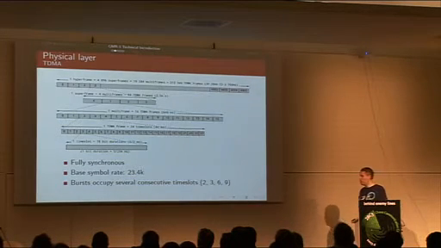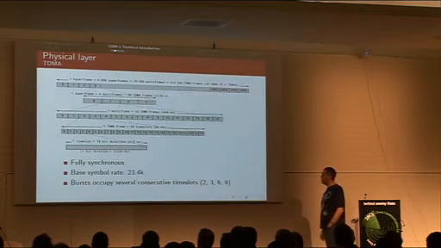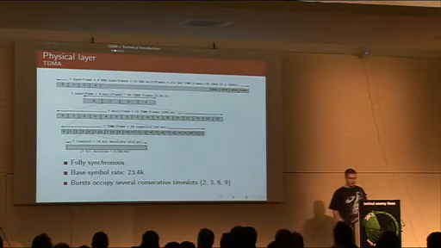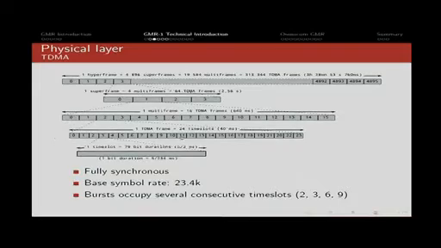A major difference compared to GSM is that one of the TDMA frames here is composed of 24 time slots, and the burst, that is the packet of information exchanged on the network, can occupy several consecutive time slots, which was not the case in GSM, in GSM 2G at least.